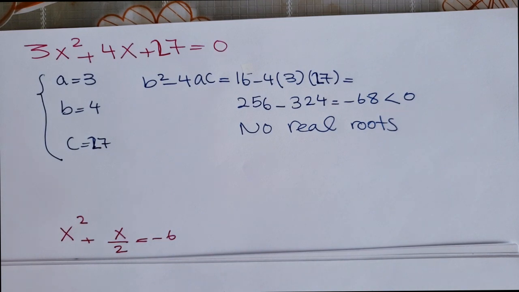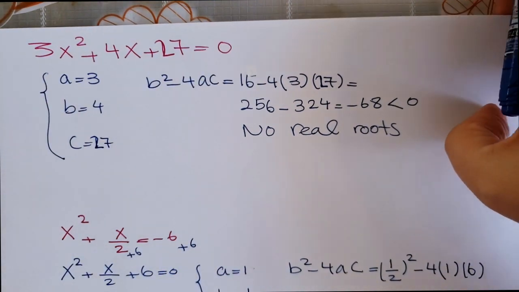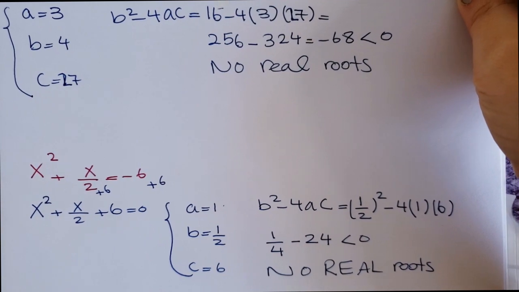It's not in the standard format, so c would be +6, because if I want to rearrange and move everything to one side, I have to add 6 to both sides, right? So I rearrange everything, bring everything to one side, equate it to 0, then I identify a, b, c. a is 1, b is half, c is 6.